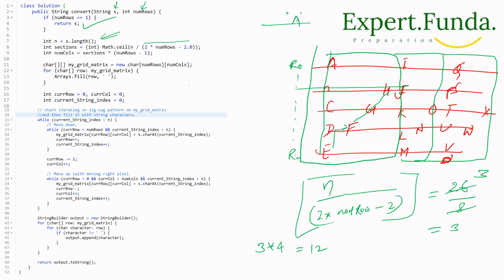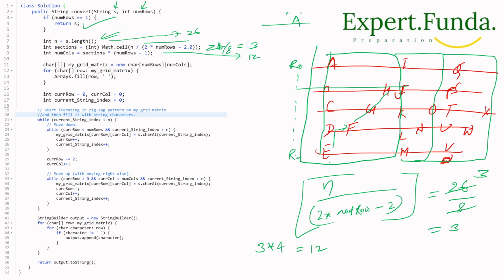Total 12 columns, right here. So 24 divided by 8 equals 3 sections. Here we are getting 12 columns, and the length is 26, correct?